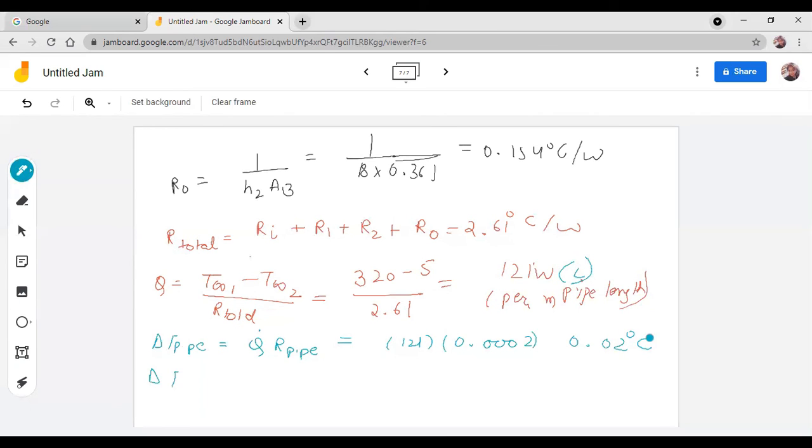And the temperature drop across the insulation will be Q dot into the thermal resistance of insulation, which will be equal to 121 into 2.35, equivalent to 284 degrees centigrade. These values are per meter pipe length. So we notice that the temperature between the inner and outer surfaces of the pipe differs by 0.02 degrees Celsius, and the temperature between the inner and outer surface of the insulation differs by 284 degrees Celsius.